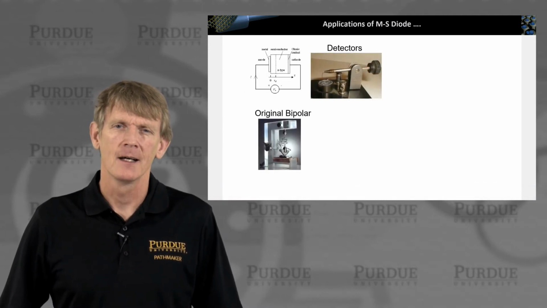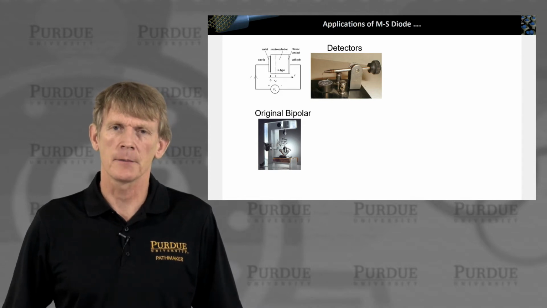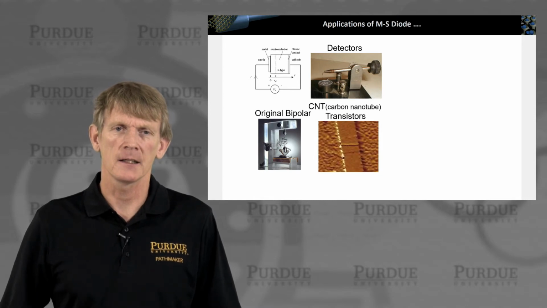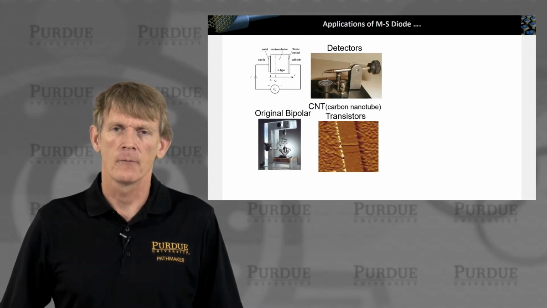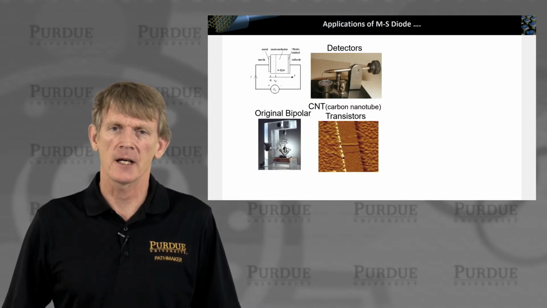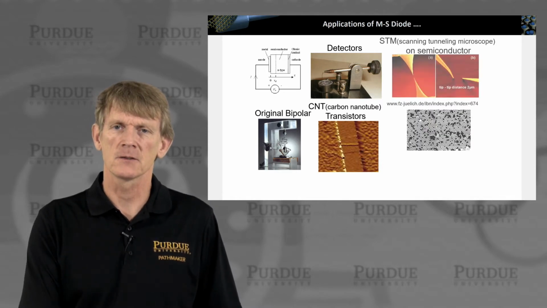So the first metal semiconductor or Schottky diodes were really the whisker detectors, cat whiskers, or the original bipolar transistor had these contacts in it. If you are studying carbon nanotubes for transistor action, you'll need to deal with Schottky contacts there as well.